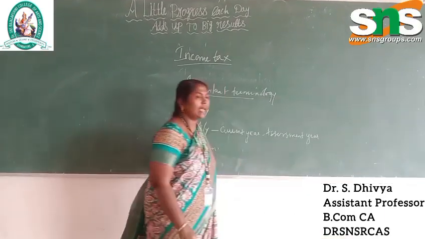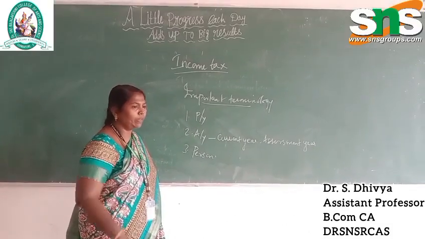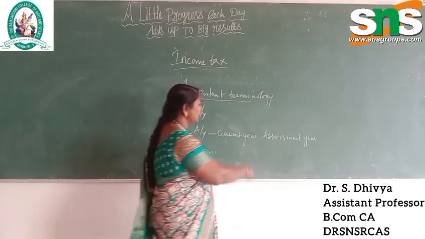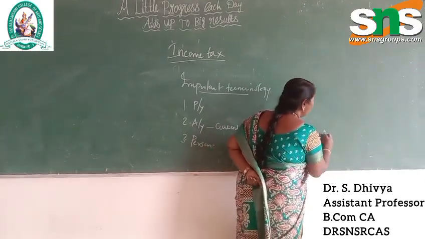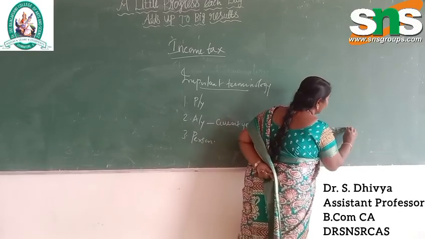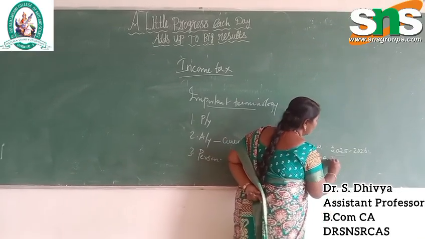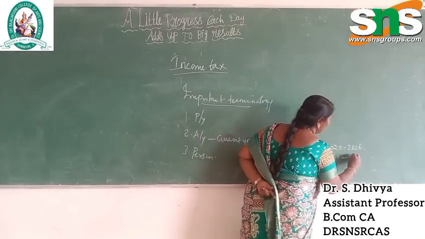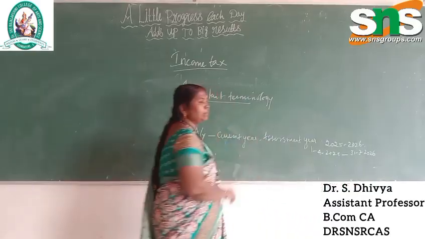The person who is liable to pay tax should know what is the current year, the previous year and the financial year. In income tax terminology, the current year is the assessment year. So 2025 to 2026; in brief, 1/4/2025 to 31/3/2026. It is the assessment year.